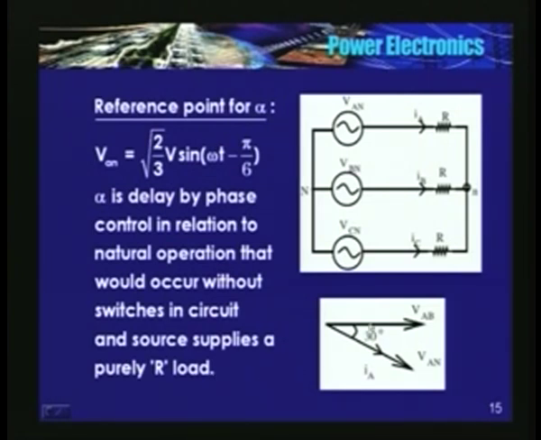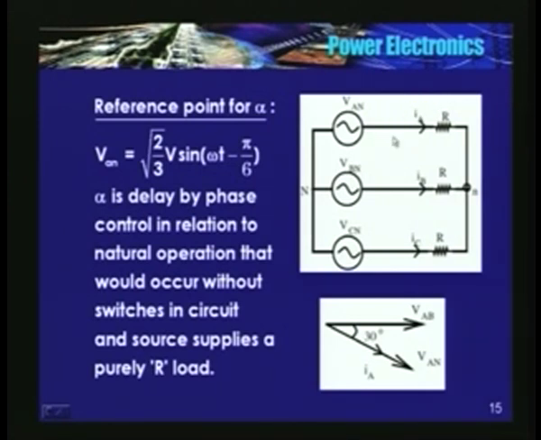Okay. What this sentence means is, I have three-phase voltages, the load is purely resistive, alpha is the instant where IA cuts the zero axis and becomes positive. That is the reference point. Okay. I'll repeat. So the reference point for alpha is when in this circuit IA becomes 0 and goes positive.